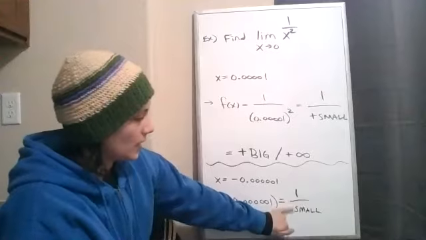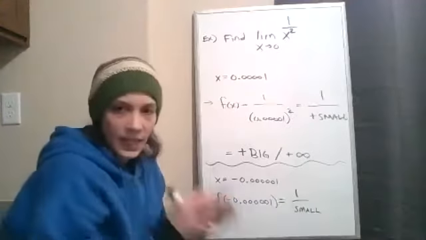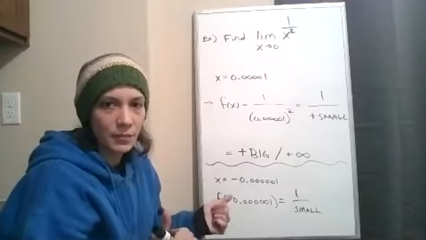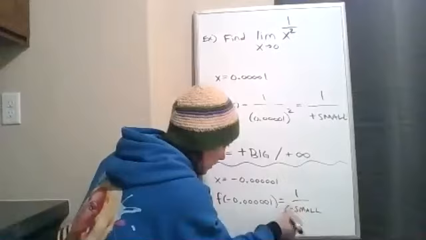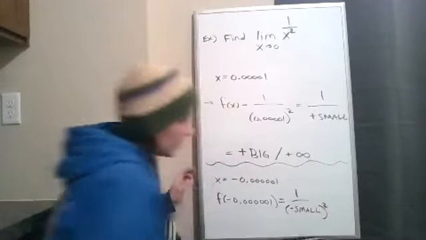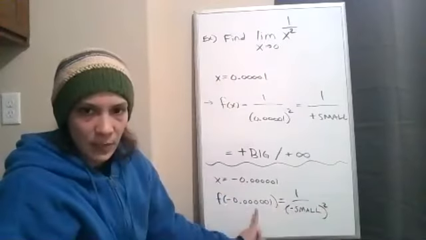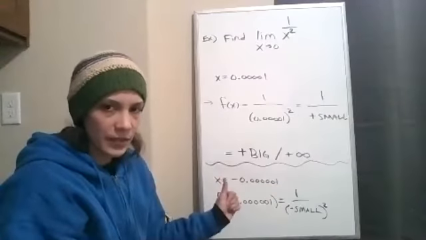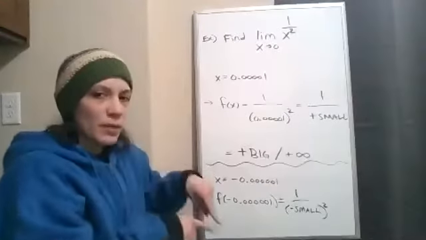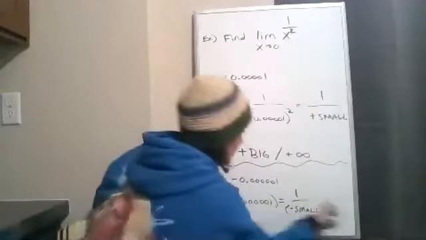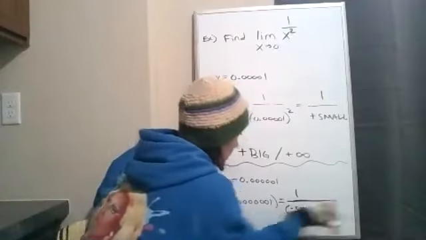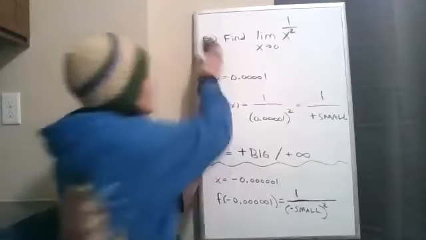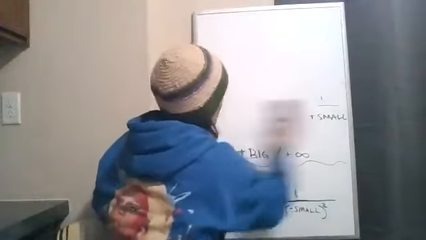Oh, actually, that number is going to be squared, so the negative is inside the parentheses, and it's always going to come out as a positive denominator that's very, very small. 1 over small equals big. It looks weird, but it should make sense.